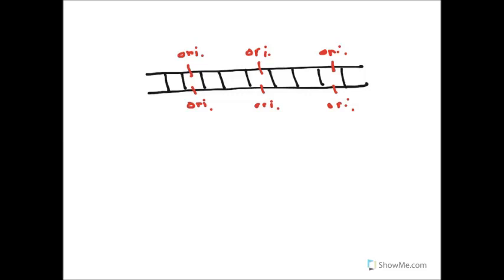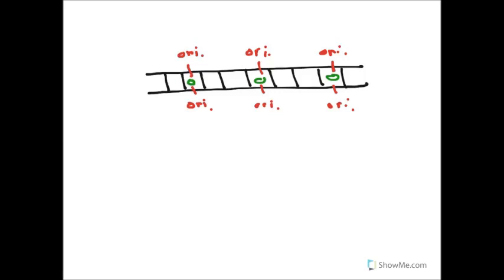But these origins of replication in eukaryotic cells, the chromosomes in eukaryotic DNA, they have multiple. They can have thousands of origins of replication found on this DNA. So there's many of them. And what's going to happen is this is going to separate, and some enzymes can wedge in here and start to do something and separate it.